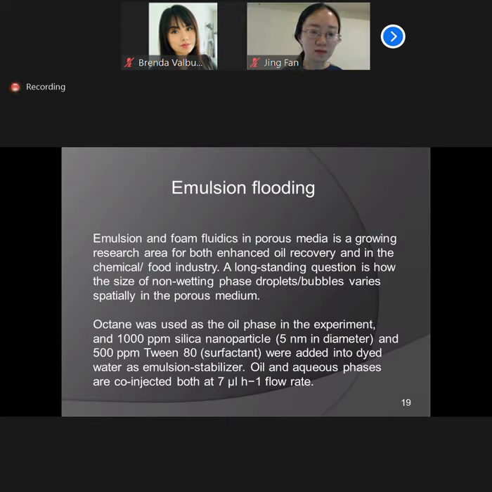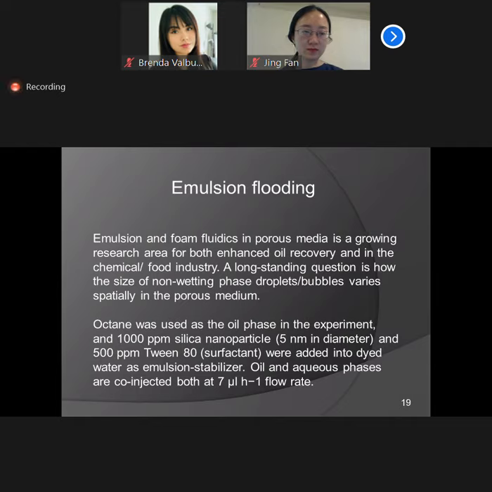Oil was used as the oil phase in this experiment, and 1,000 ppm silica nanoparticles and 500 ppm 318 were added in the dyed water as emulsion stabilizer.